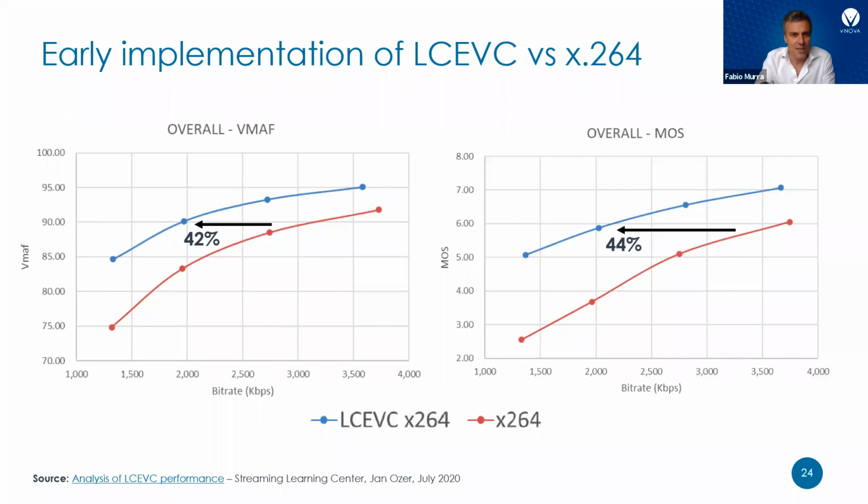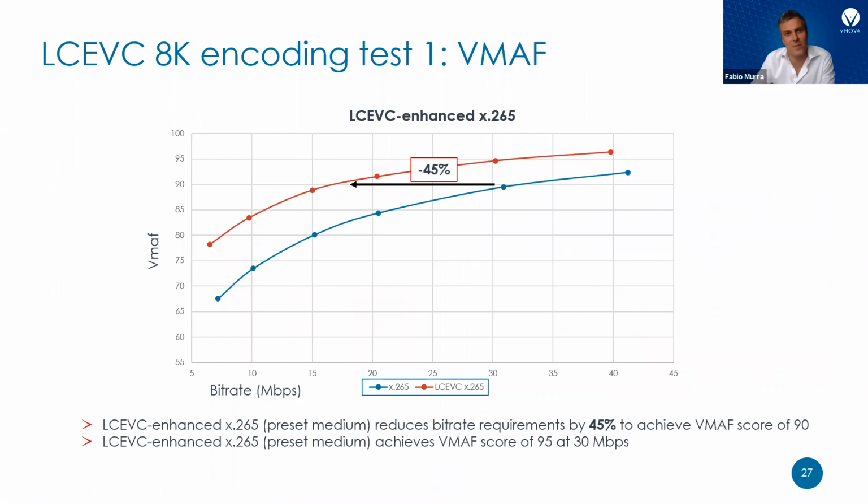In this case, we've done some experiments, and I give you just an example on top of X264, open source implementation of H264. Again, we see benefits ranging in the 40 to 45% gain in terms of bandwidth requirements. Very recently, actually, I ran some experiments on 8K picture using HEVC as a base.